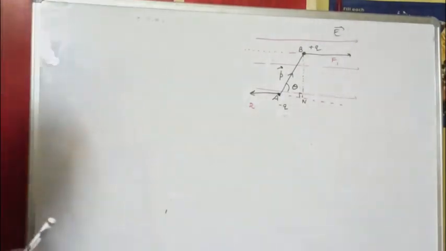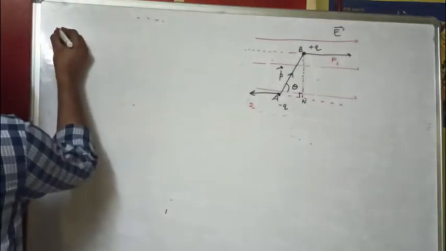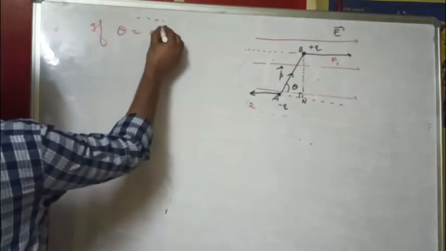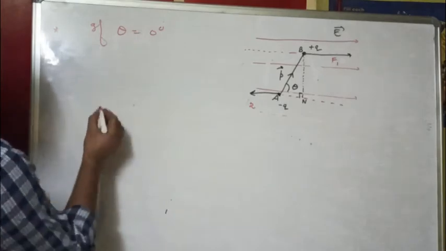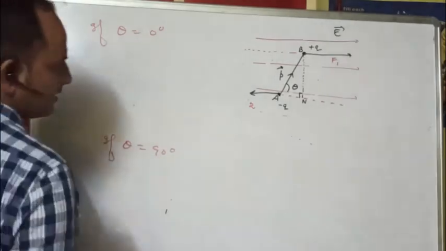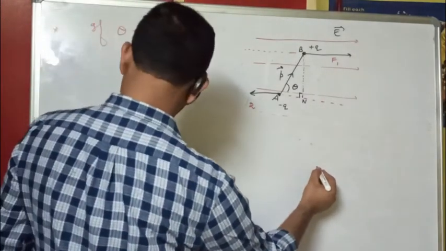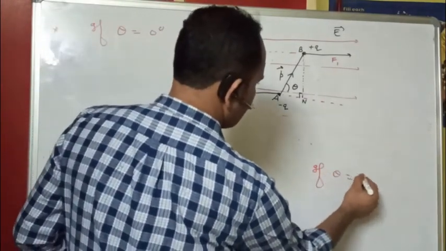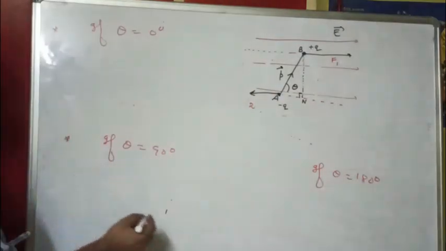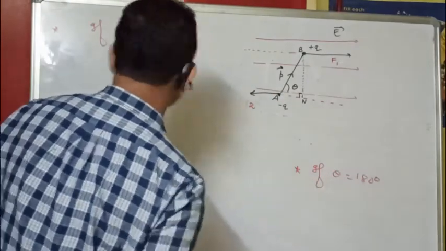Now let us discuss a few points. Suppose theta is 0 degrees, suppose theta is 90 degrees, and suppose theta is 180 degrees; in that case you have to find the torque.